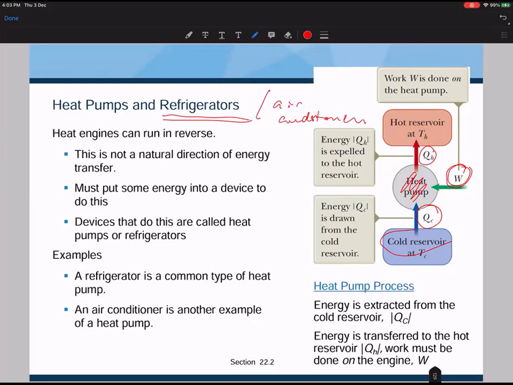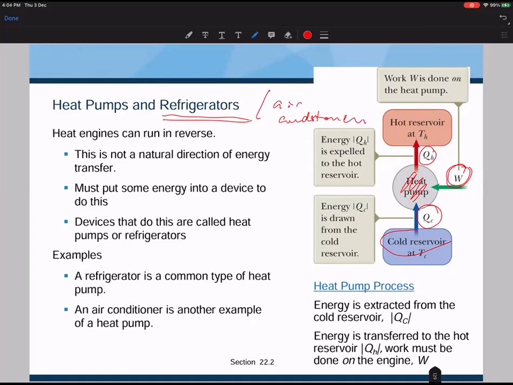You require an engine to do some work in order to extract the heat energy. Think about it. If you have the old style air conditioner, when you stand at the back of the air conditioner, you could hear the engine starting from time to time because it has to extract the heat energy from the room and throw the heat to the surrounding.